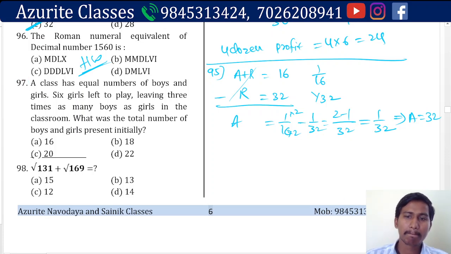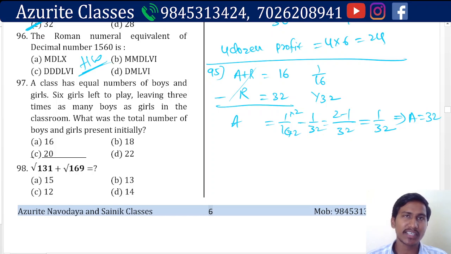A class has an equal number of boys and girls. 6 girls left to play, leaving 3 times as many boys as girls in the classroom. What was the total number of boys and girls present initially? You should go with the options. Initially means starting.